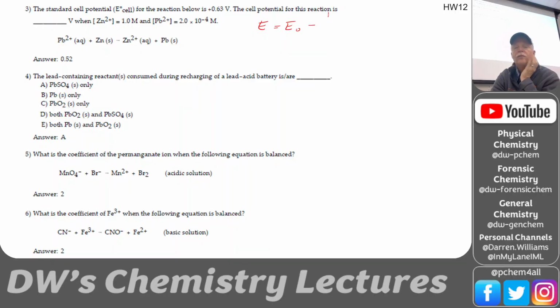So you did the natural log version, RT over nF, ln Q, right? It's just the natural log form of the Nernst equation, so we can do that. It gives us E cell, so that's easy, plus 0.63 volts minus 8.314 joules per mole Kelvin.